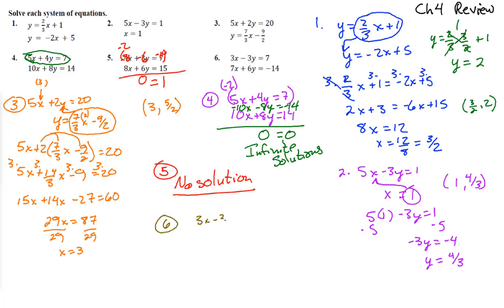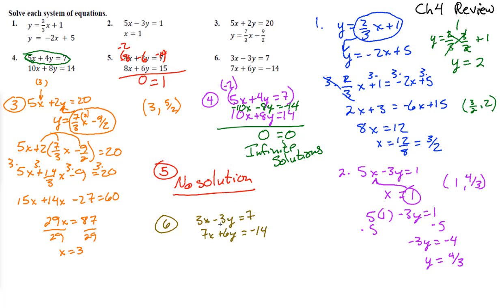3x minus 3y equals 7, and 7x plus 6y equals negative 14. We could try to get rid of the x's by timesing the top by negative 7 and the bottom by 3. That would be ugly.